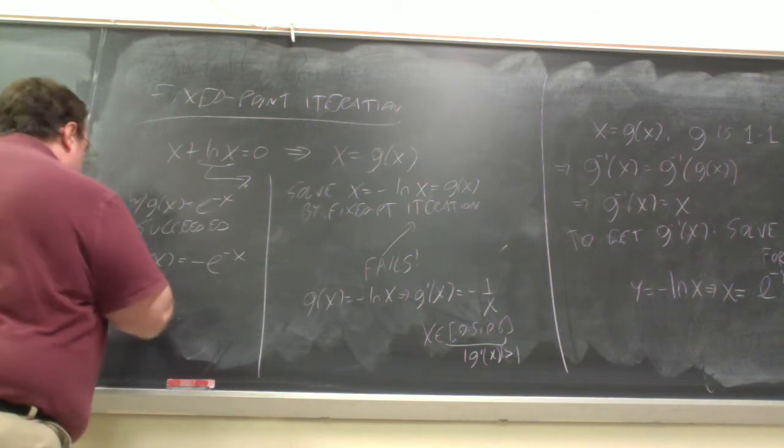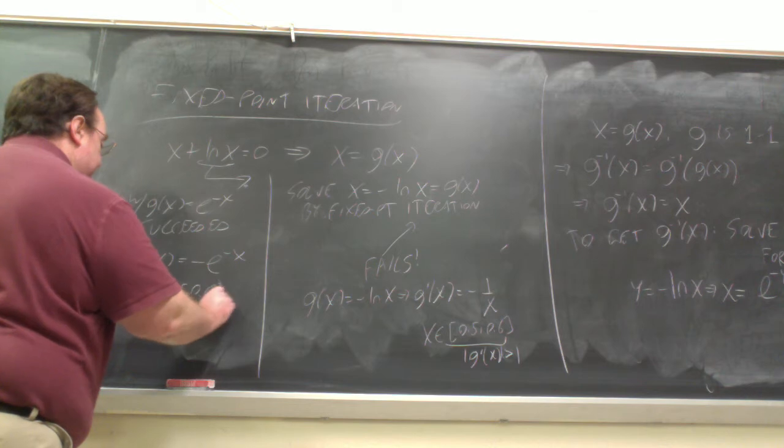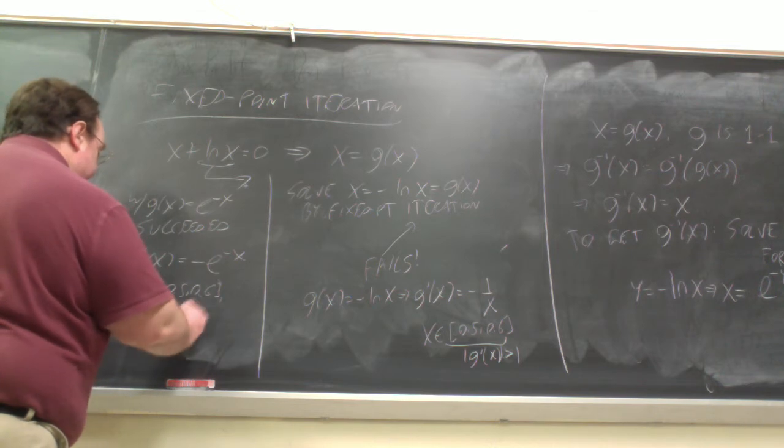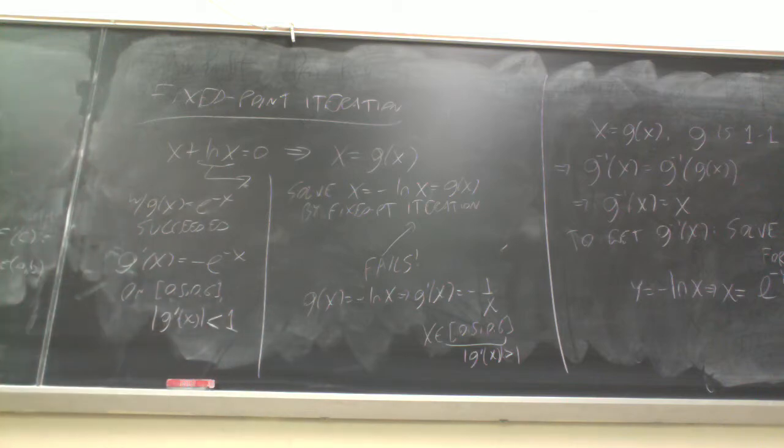So on the interval 0.5 to 0.6, the absolute value of g prime is less than 1. And sure enough, it succeeded. So this is a significant condition: we want to make sure that g has a small derivative on whatever interval we're considering where there appears to be a solution.